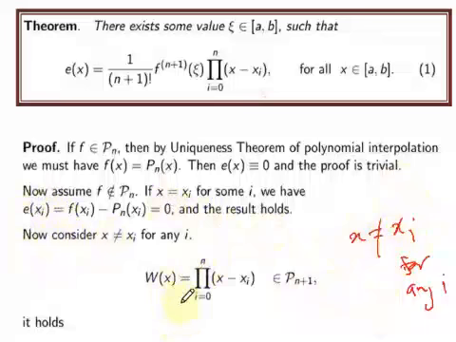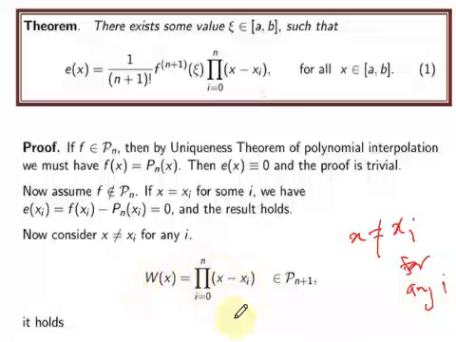I'm going to define a function in this way: I consider the multiplication of all linear factors. How many linear factors do we have? We have n plus 1 factors because i runs from 0 to n.